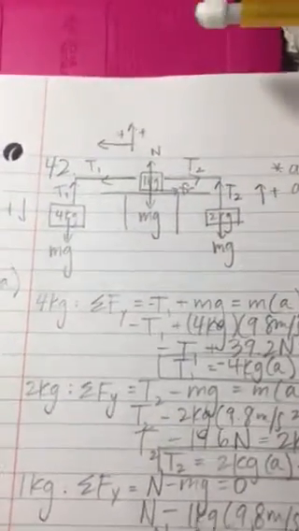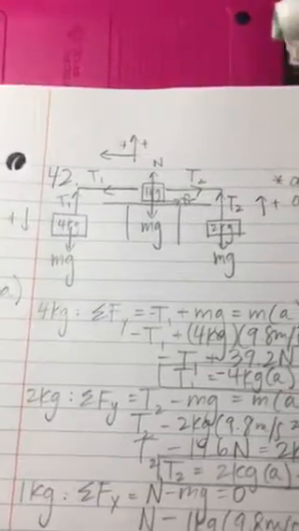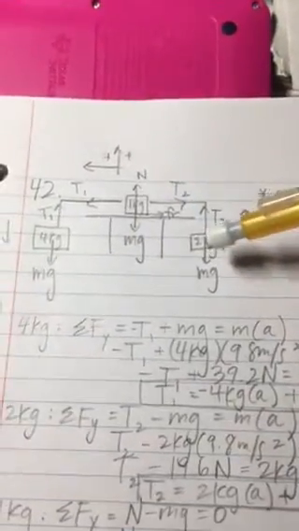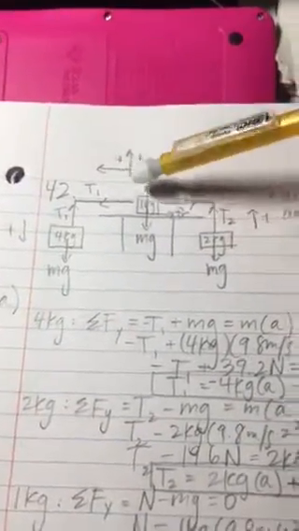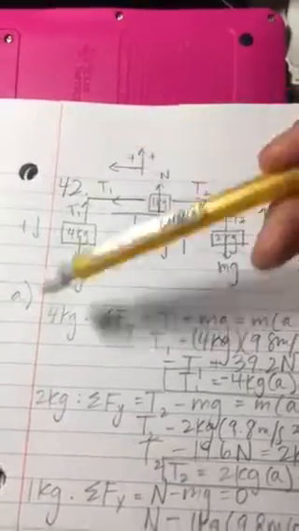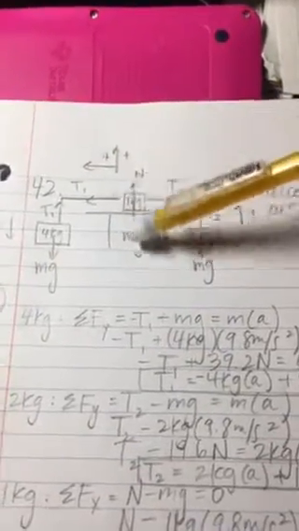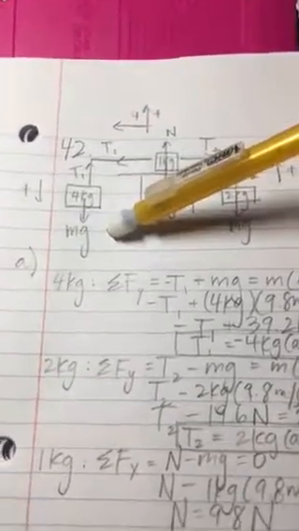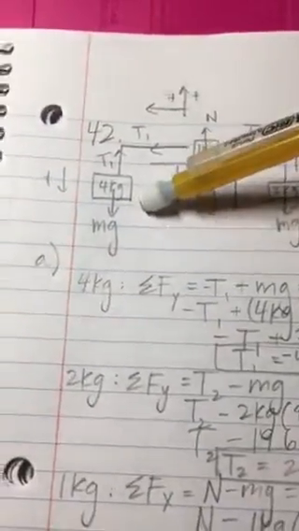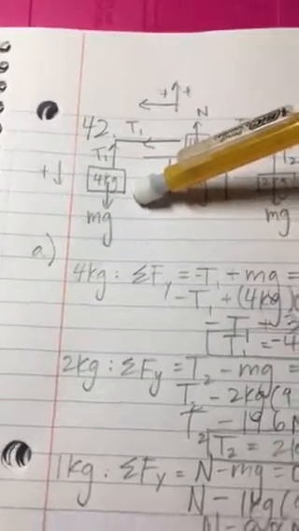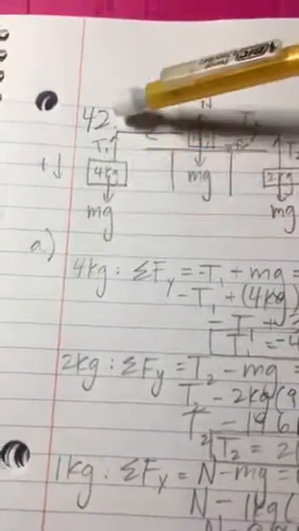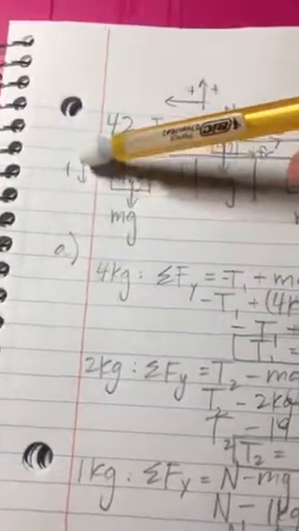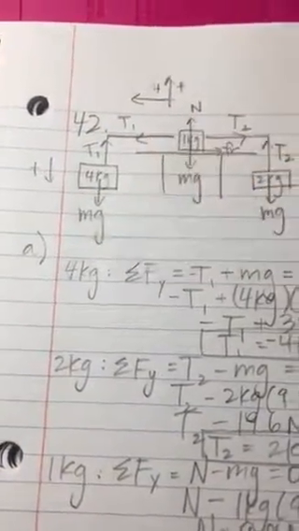For the acceleration, the direction of positive is always the direction of motion. So I'm putting in the direction of motion, and then up for the 1 kilogram mass, just for the normal force. Looking at the specific blocks: for the 4 kilogram block, we only have two forces, mg down and tension up, and positive is down.